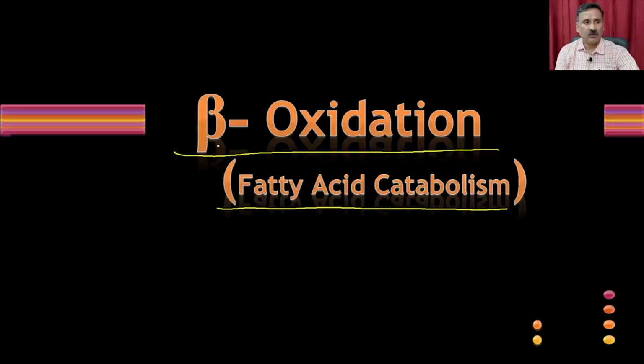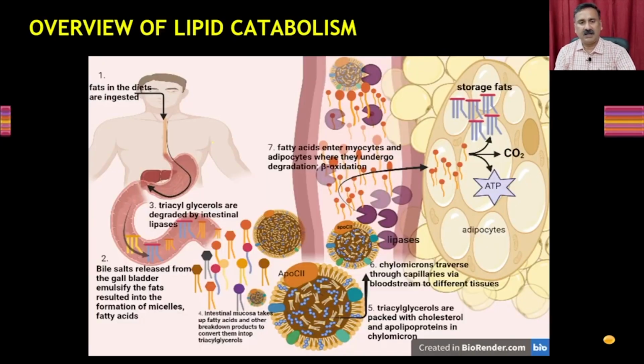If you go back to how lipid catabolism started, it started with the fat in the diet that is ingested. You can have a fat-rich diet like oil, fatty meat, fish, including pizza also, right?